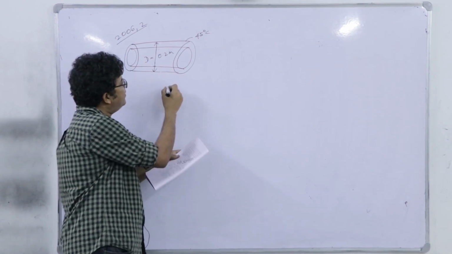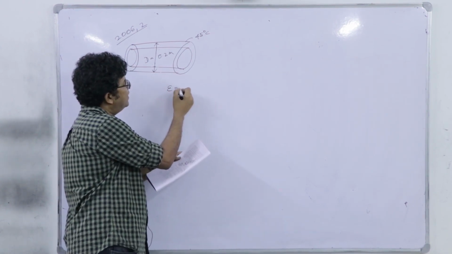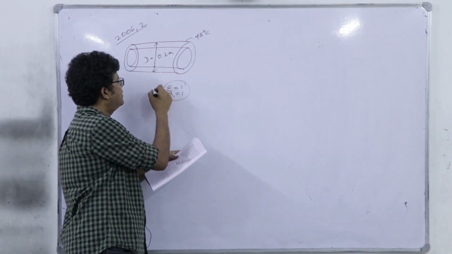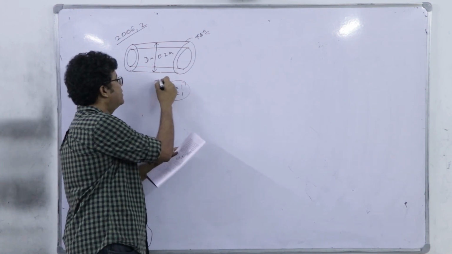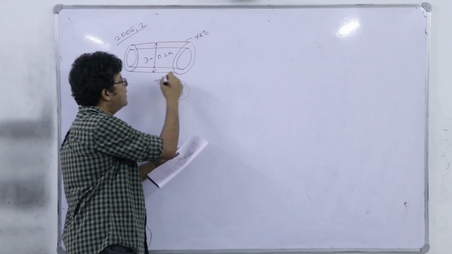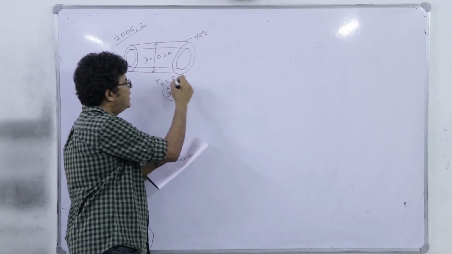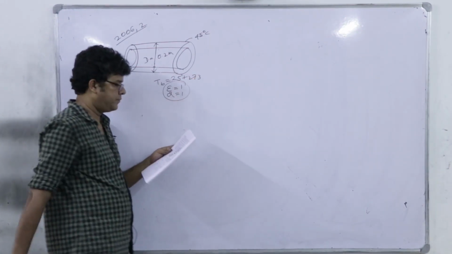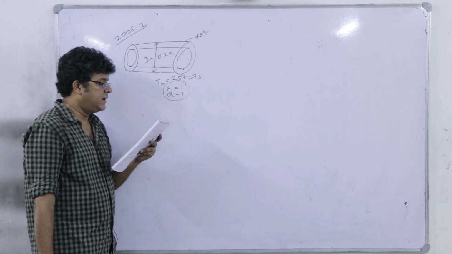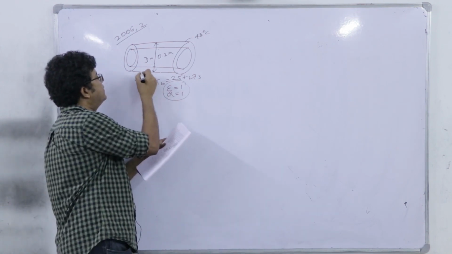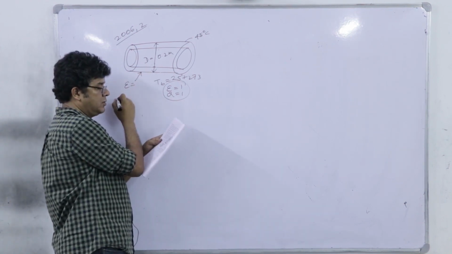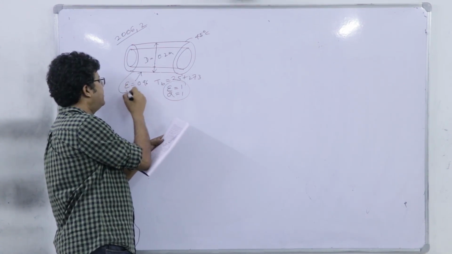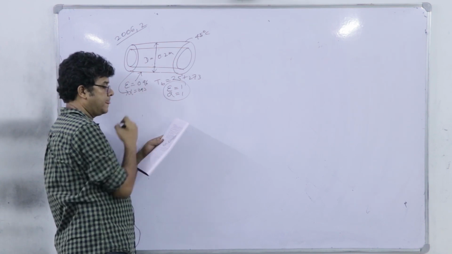It is exposed to a black body surrounding. Here epsilon is equal to 1, alpha equal to 1, the black body surrounding with temperature Tb equal to 25 degree. Absolute temperature, definitely we have to add 273. The emissivity epsilon of the insulation surface is 0.96 and its absorptivity alpha is 0.93.